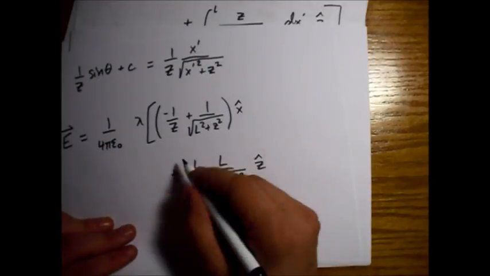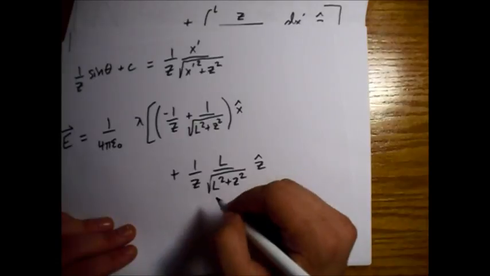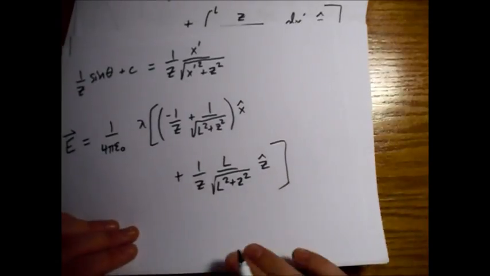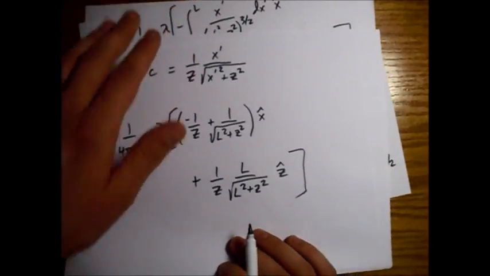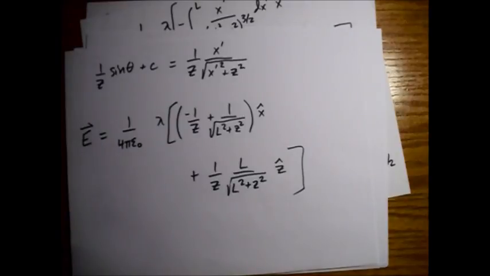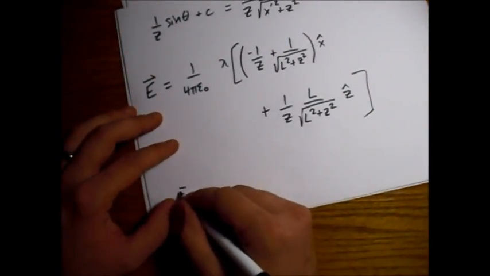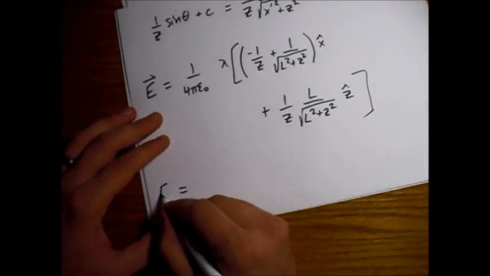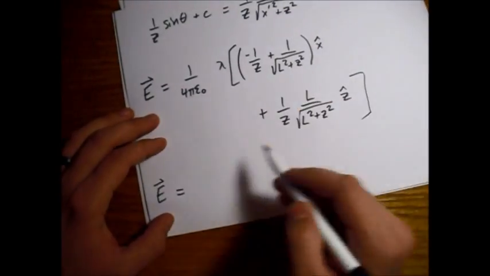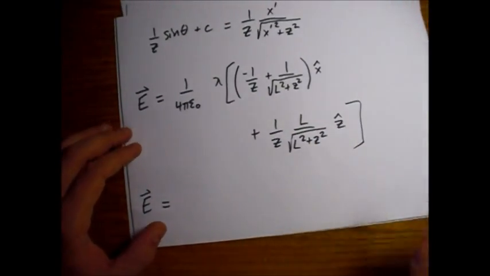Put brackets on there. Let's go ahead and factor out a 1 over z because we can, and see if we can clean this up at all. But this is our final answer for the electric field at point P.